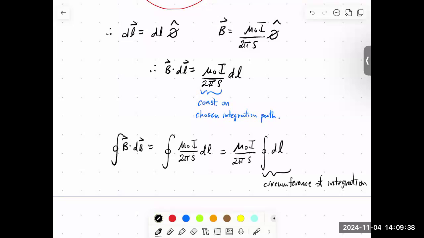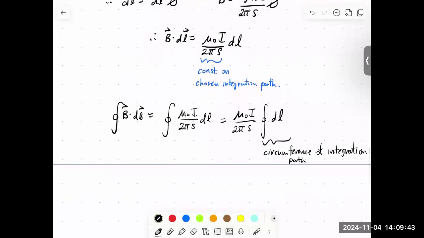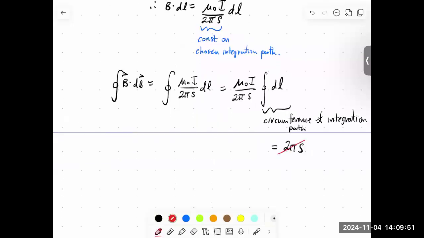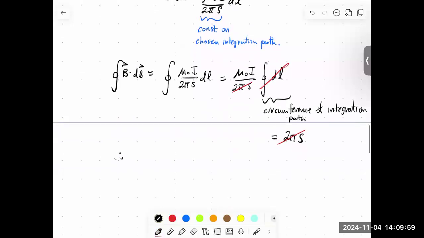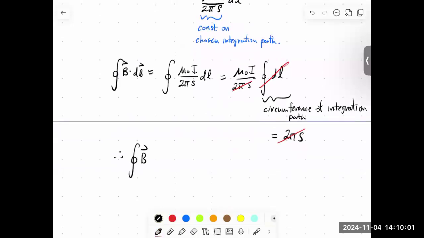Our integration path was a circle of radius s, so it's equal to 2 pi s. This 2 pi s is going to cancel with that 2 pi s. And so what we find is that this circulation integral, this is called a circulation, is just equal to mu naught times I.